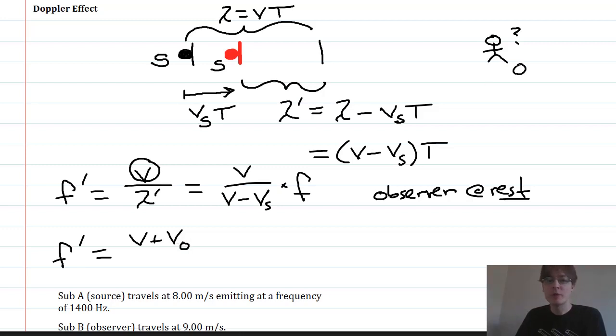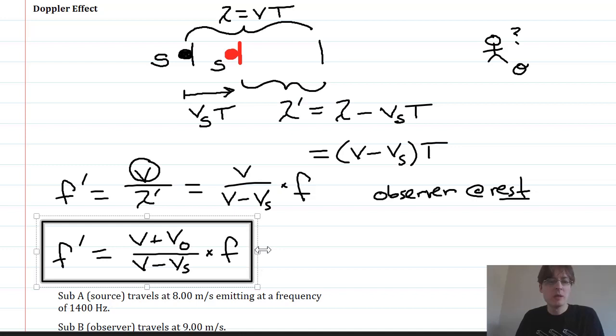I'm the observer, letter O. And I have to divide that by that lambda prime, which we saw gives me v minus vs multiplied by the original frequency. And that is the Doppler effect. It's the frequency heard by the observer when the source and the observer are in motion.